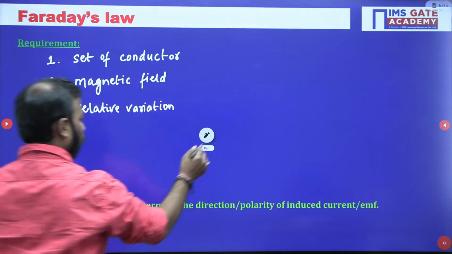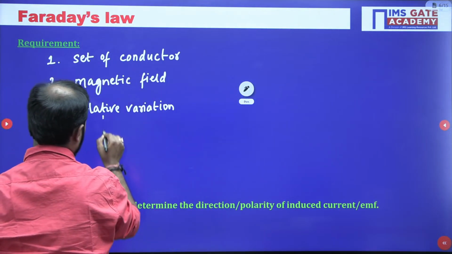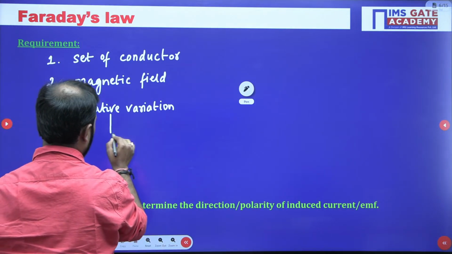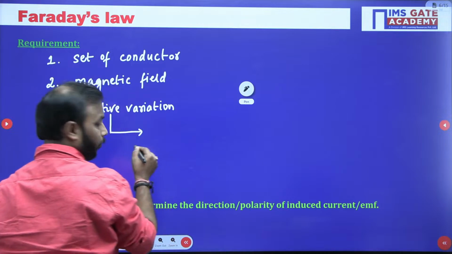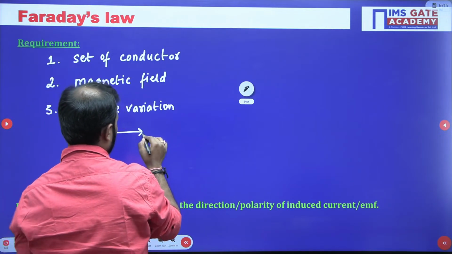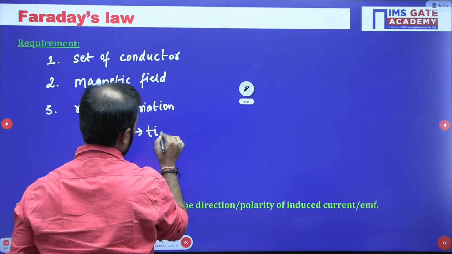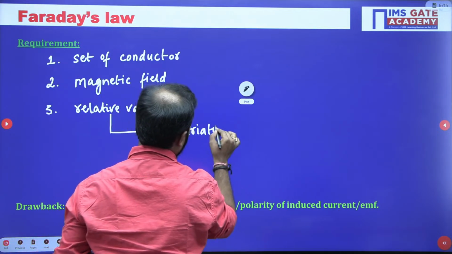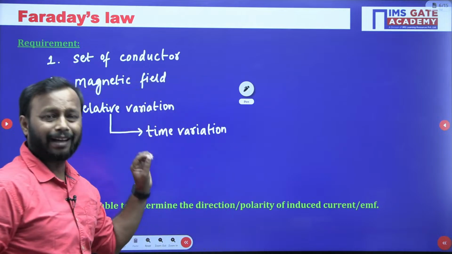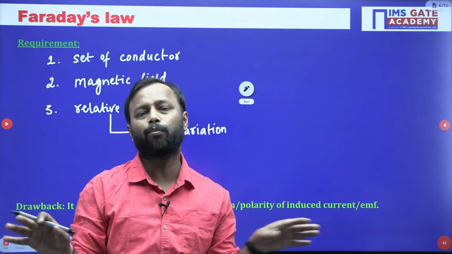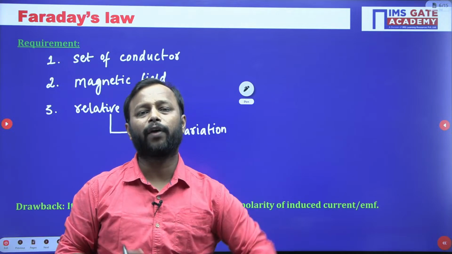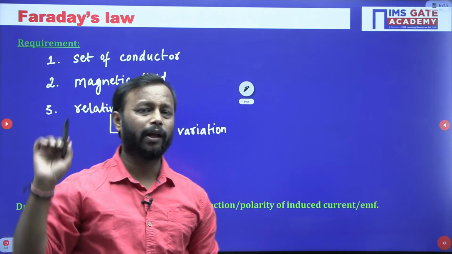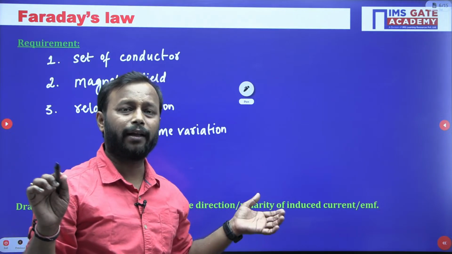What are they? The first variation is known as time variation. What do you mean by this? Here the conductor is fixed, it is not moving, whereas the magnetic field is moving. Means the magnetic field is sinusoidal in nature, and the conductor is fixed.